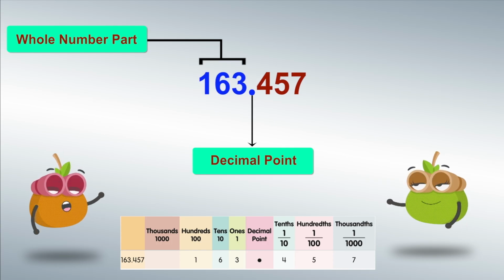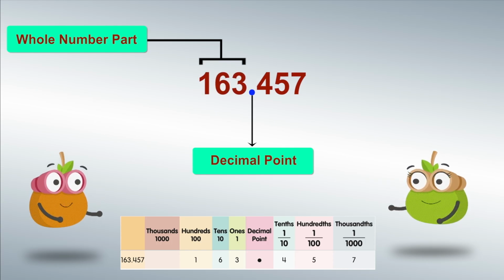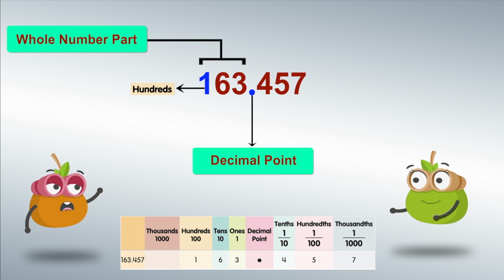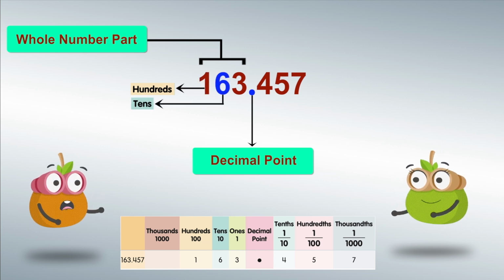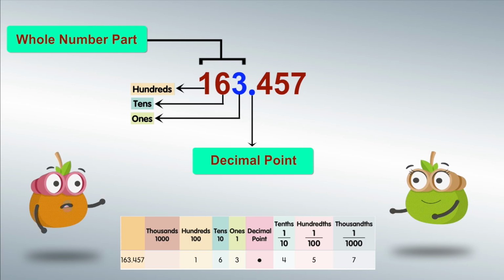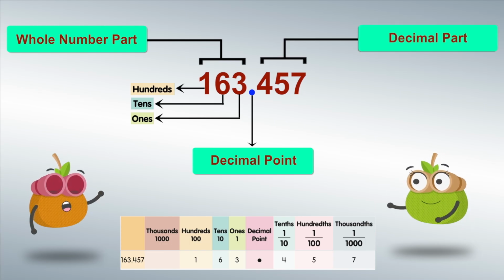Here it is 163, where 1 is at hundreds place, 6 is at tens place, and 3 is at ones place. The part to the right of the decimal point represents the decimal part.